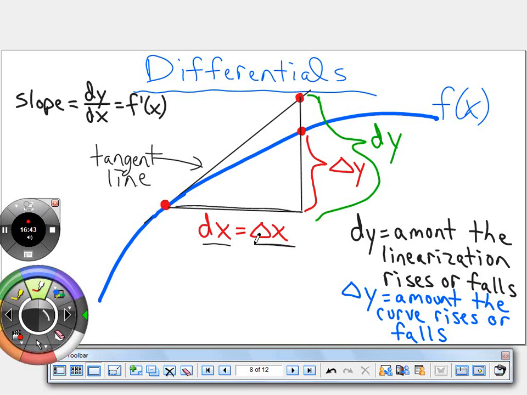And then the dy is the amount that our tangent line actually goes up and down when we move over a certain amount of x. So the dy and the change in y are going to be different because we know our tangent line is not exactly the same as what the curve does. So that'll be different, but the dy and the dx and the change in x are the same. Okay. I think that's all I want to say there, and actually get to an example.